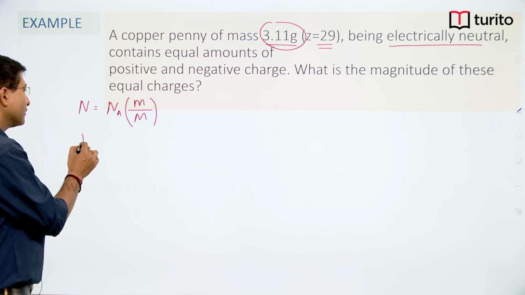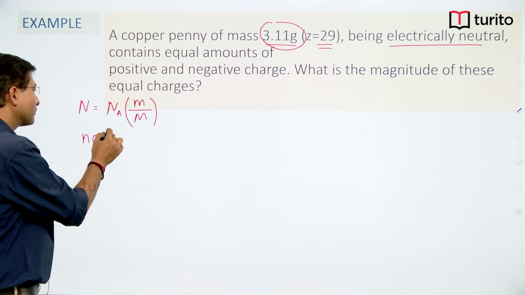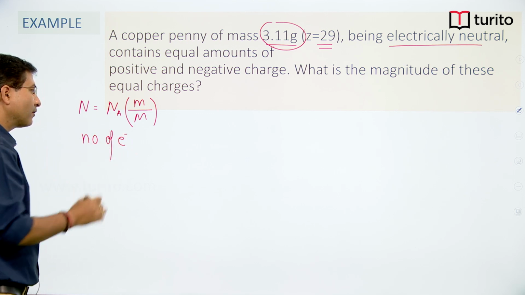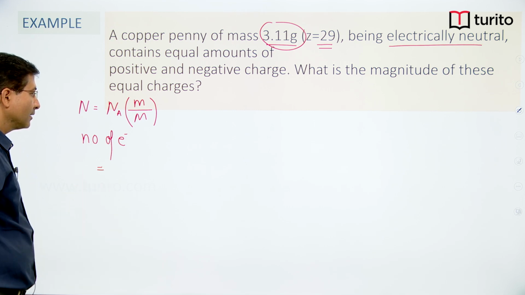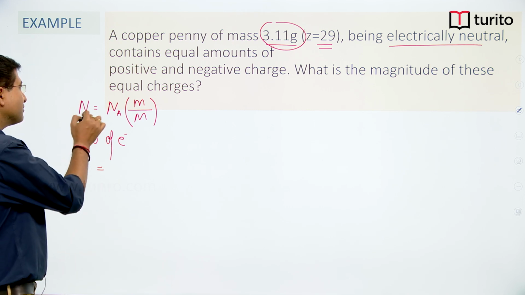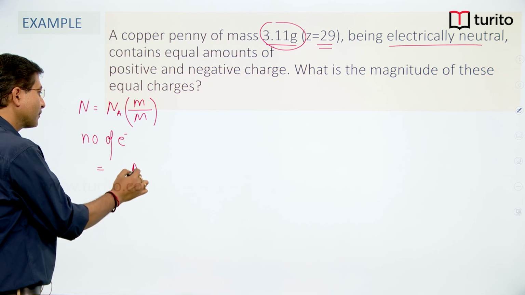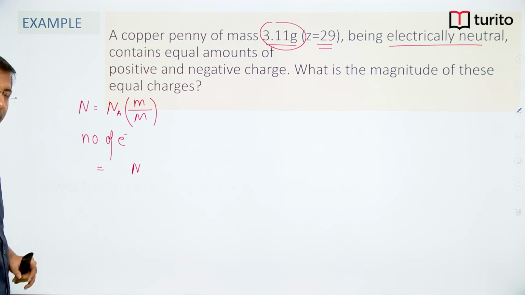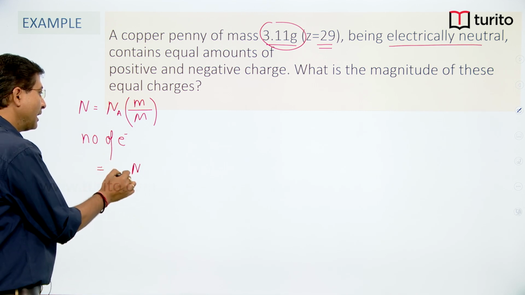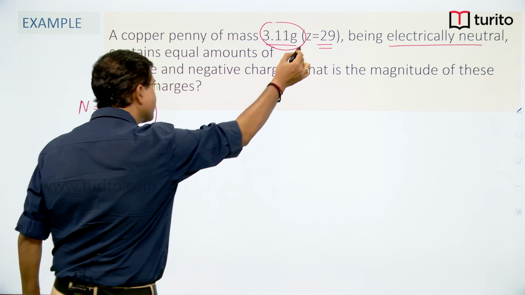Now, say for example I want to find out the number of electrons. So, how many electrons are there? These many atoms will be there, and every atom will have 29 electrons.